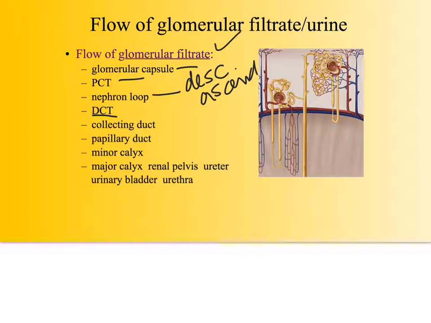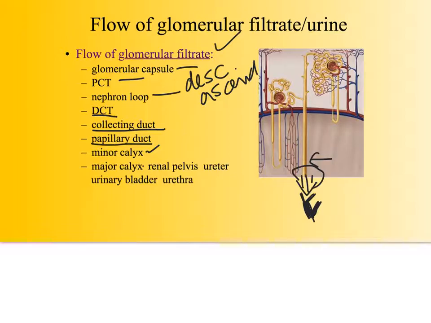Then we'll go to the collecting duct. Okay, so there's the collecting duct. Then we'll drop into the papillary part of the pyramids. Then we'll go to a minor calyx, and then we'll jump into a major calyx.